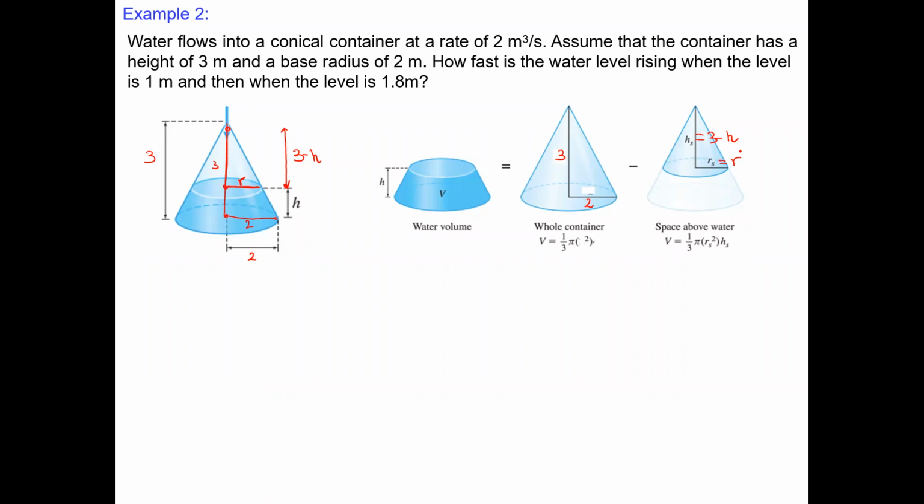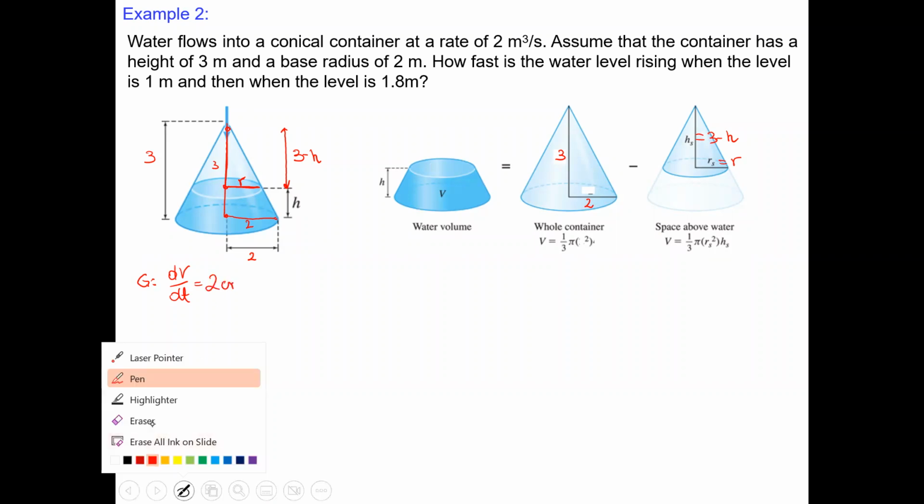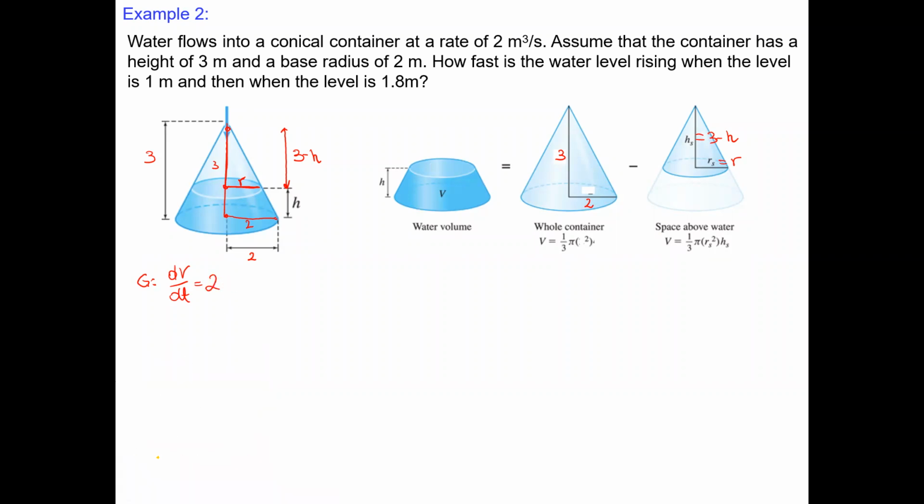Okay, that means now let's look at the formula. Oh, we need given and required information, because I didn't type this one. Let's make it short. Given information is the rate of change of the volume of that water, 2 cubic meters per second.